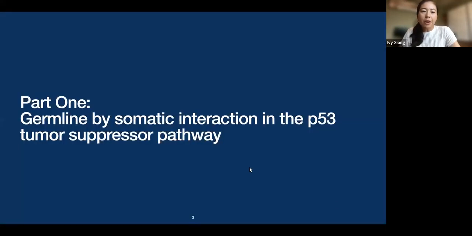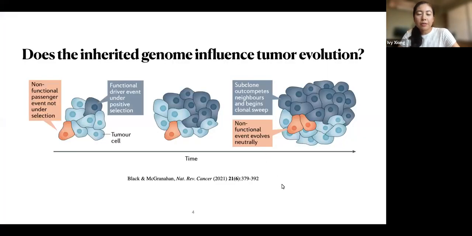The talk is divided into two parts today. The first part, mostly evidence from molecular biology, looks into germline by somatic interaction in the P53 tumor suppressor pathway. To give you some background, I'm interested in cancer biology, and the key lesson we have learned over the last 50 years is how cancer is driven and shaped by somatic mutations that occurred in the tumors, the cancerous tissues.